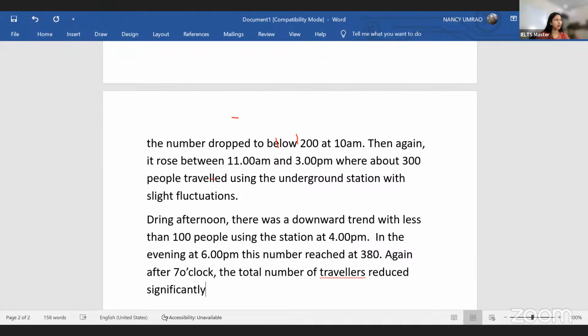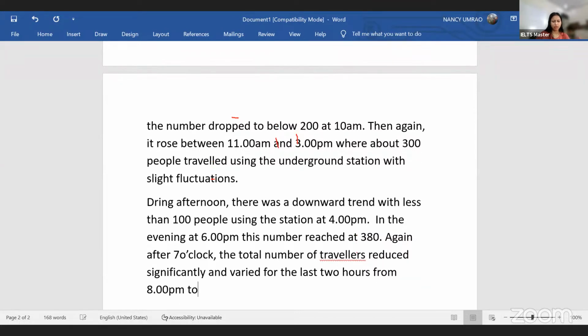You have to use adverbs and adjectives along with nouns and verbs, and varied for the last 2 hours, sorry, from 8 p.m. to 10 p.m. Is that clear? Yes.